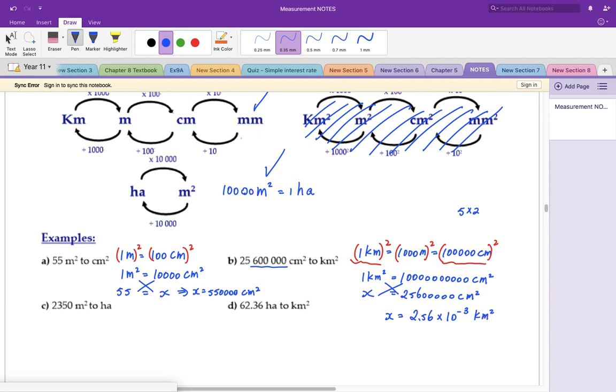It's up to you if you want to expand it. We've learned how to do that, right? Scientific notation. So you take the decimal place to the left-hand side 3 times: 1, 2, 3. So the point becomes here, so 0, 0 in the front. You'll have x is equal to 0.00256 kilometers squared.